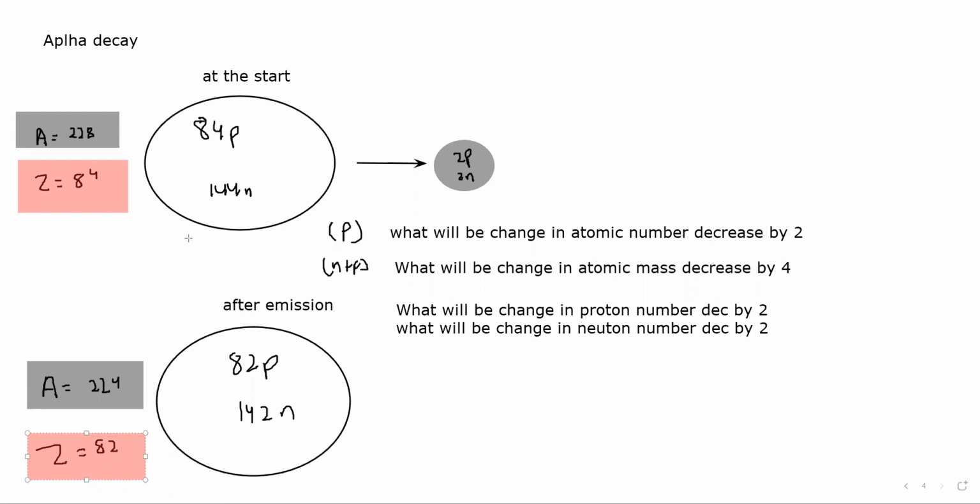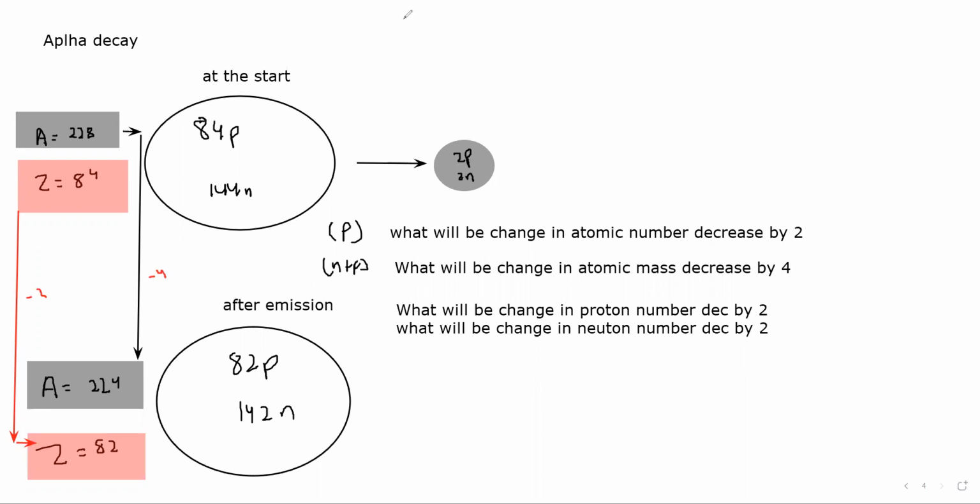So the mass number decreased by 4, where the atomic number, the number of protons, decreases by 2.